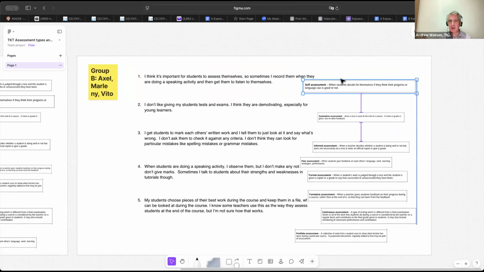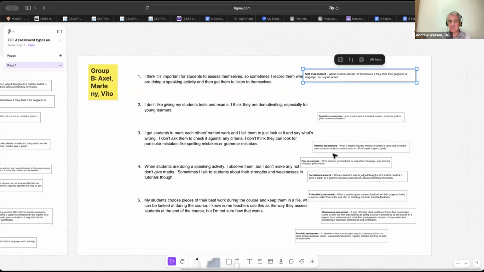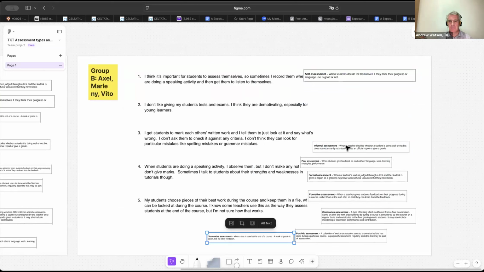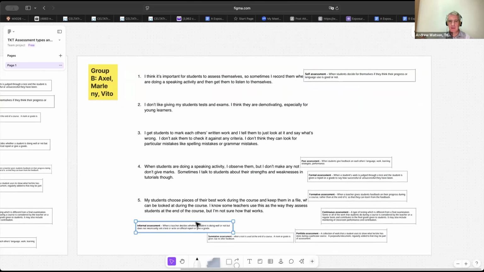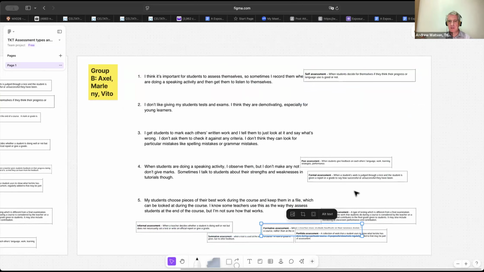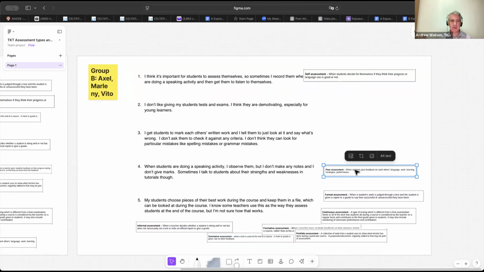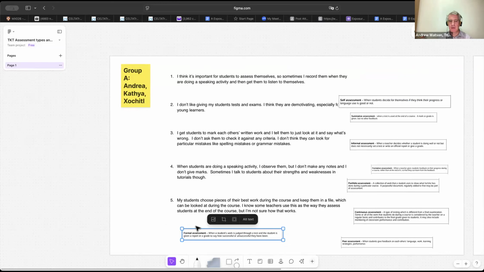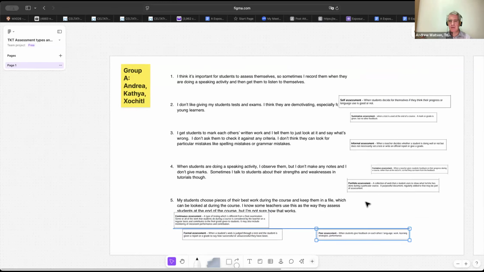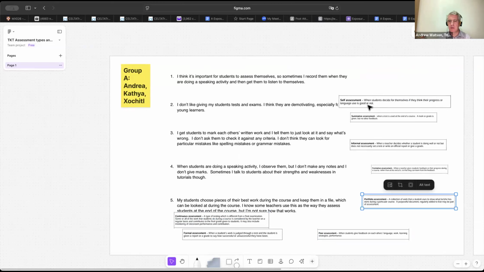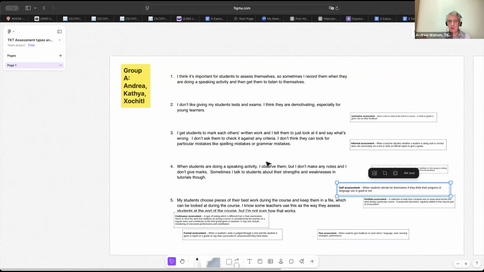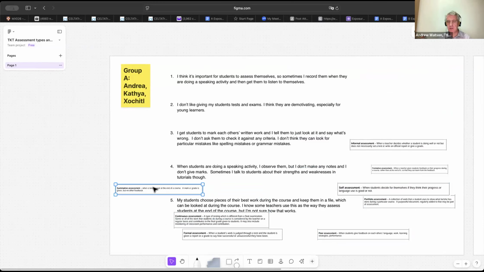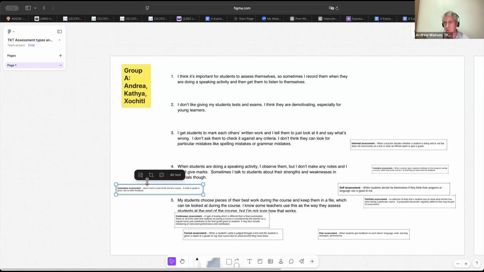So that would be self, right? You've got to move the stickies, these labels, to the right type of assessment, okay? Now, if we run out of time, I'm going to set you to do the rest of the worksheet for your homework, and I'll send you the answers by email, all right?